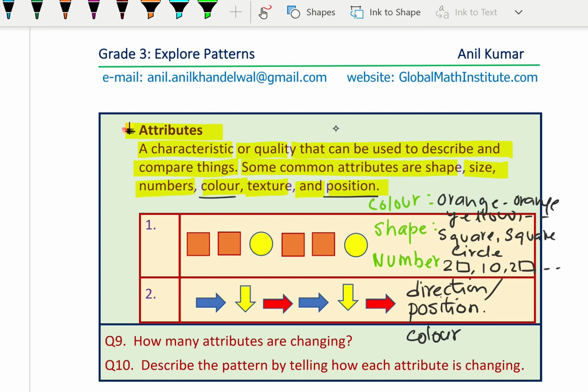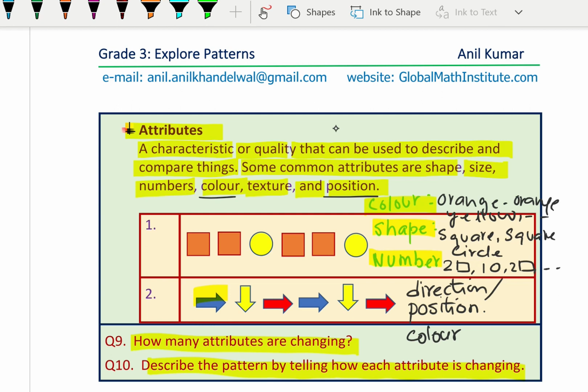Now, that brings us to question number 9 and 10. Question number 9 for you is how many attributes are changing for each one of them, right? And question number 10 is describe the pattern by telling how each attribute is changing. So exactly as I did before for the first pattern. So you could name this is the attribute. Let's say for the second one, the attribute is position.